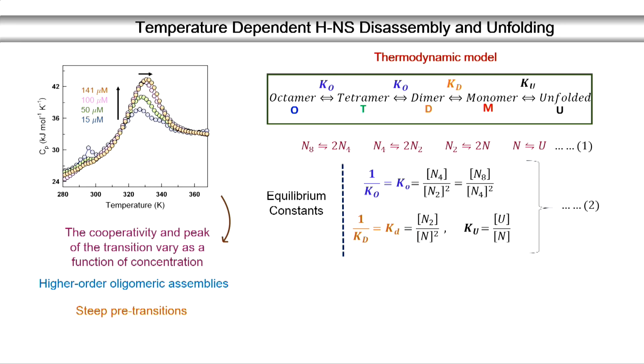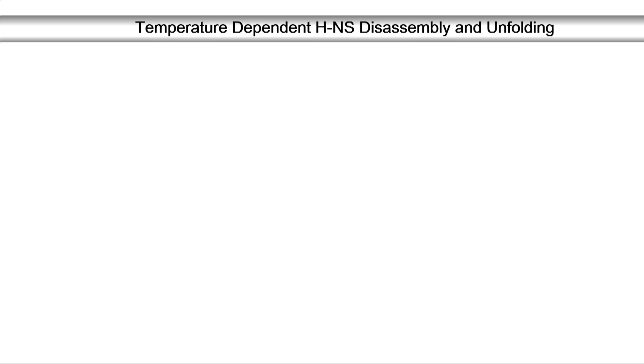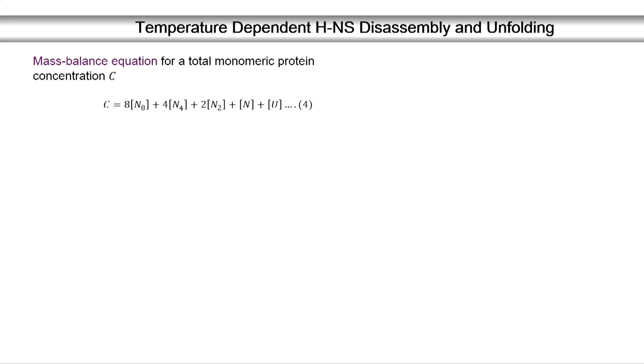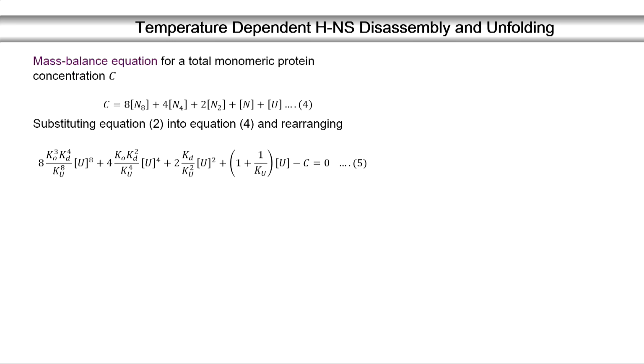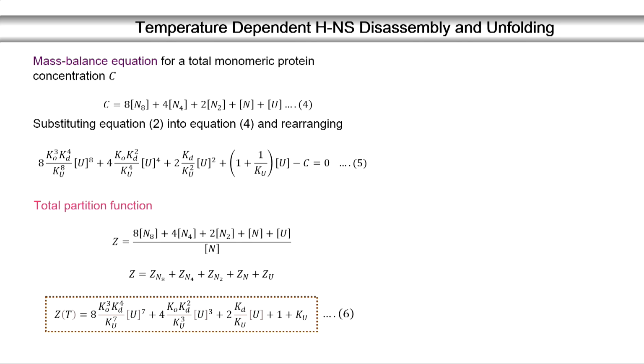I can write this in the form of these equilibrium constants, and I can also assign very specific enthalpy changes to these processes, each process X being O, D, or U, for oligomerization, dimerization, or unfolding. And I can do a simple mass balance and rewrite these expressions in terms of the equilibrium constants, and calculate the total partition function and also the partial partition functions, giving me the temperature dependent partition function of this system.